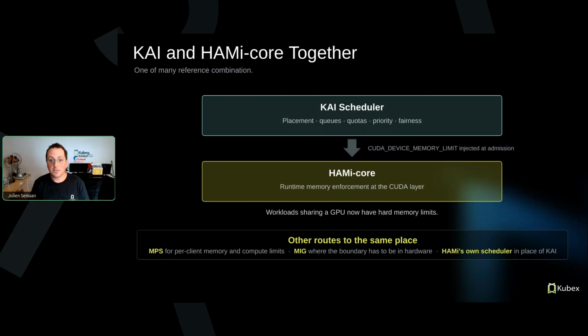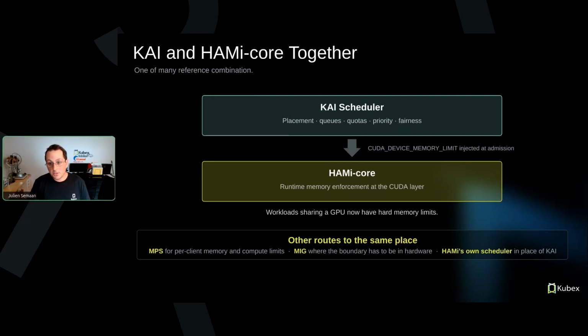So you could replace parts of this architecture depending on the workload. NPS could provide per client memory and compute control. MIG is the better fit when the boundary must exist in hardware. And HAMi can also provide its own scheduler instead of using Kai. But the combination we've got here goes on top of time slicing and provides memory limits safely so that pods don't go beyond their own memory fraction.